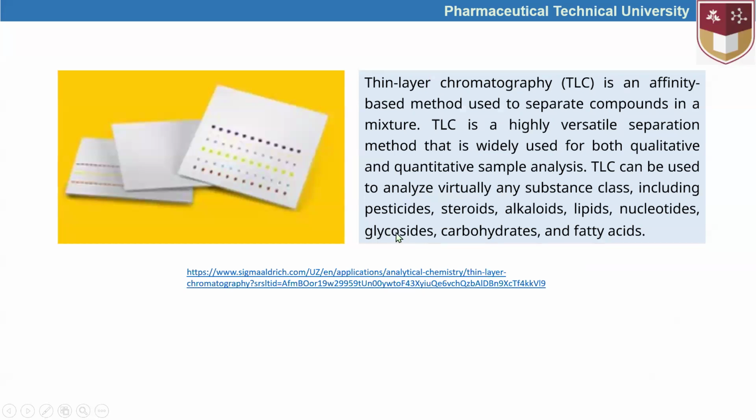If the compounds are glycosides or carbohydrates, which are more hydrophilic, the mobile phase can be prepared using solvents with higher hydrophilicity or polarity. Then these kinds of compounds can be separated from each other more effectively.